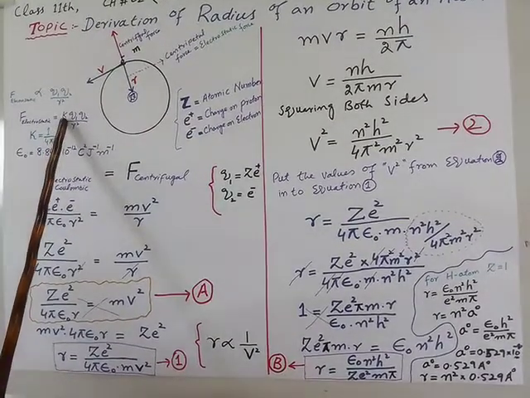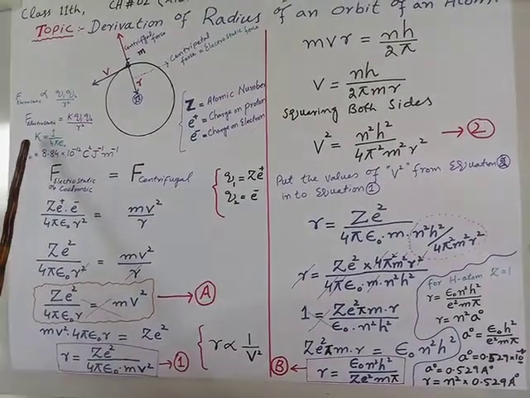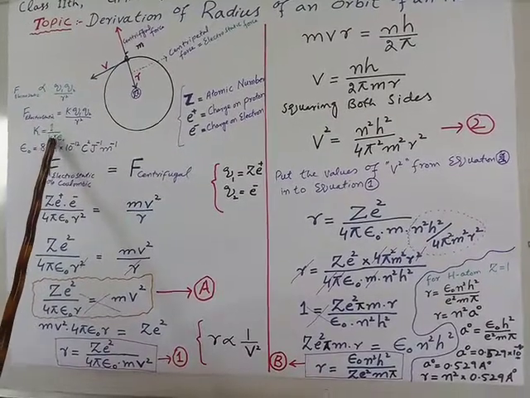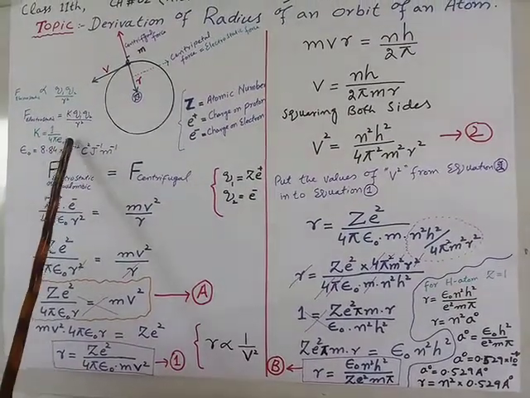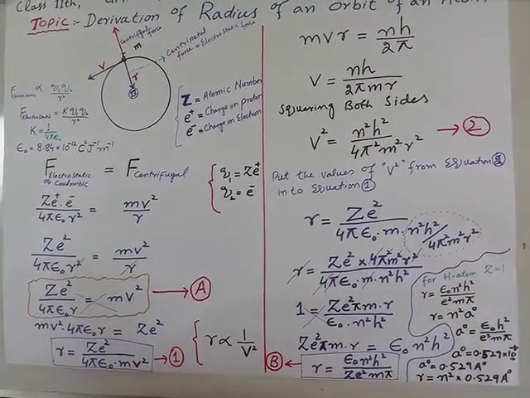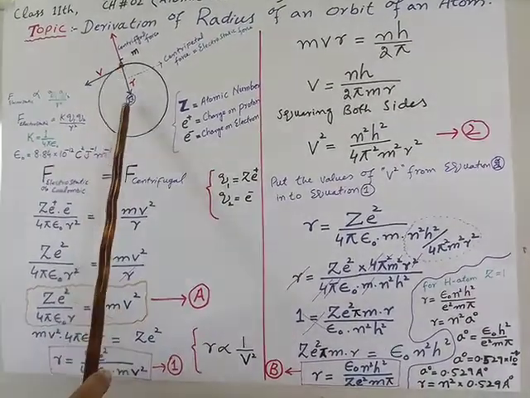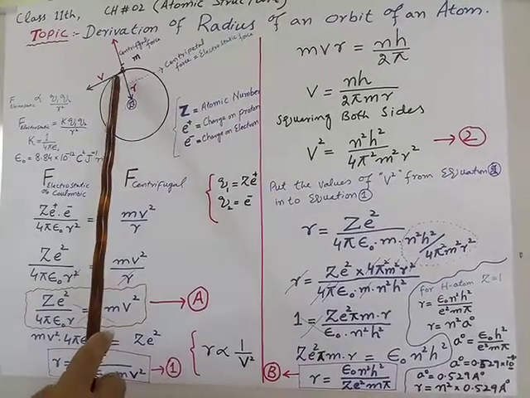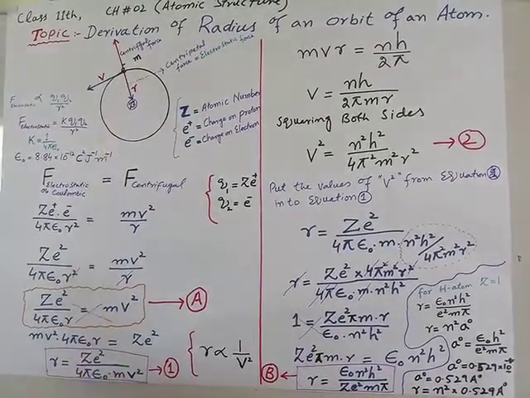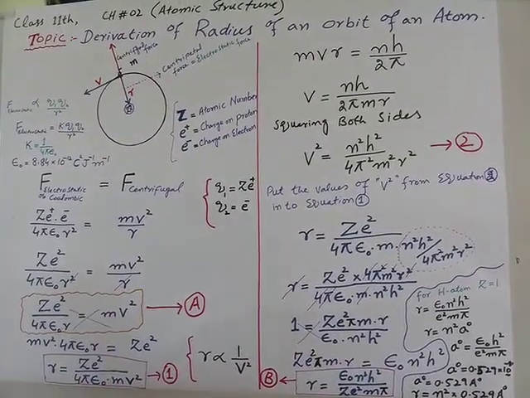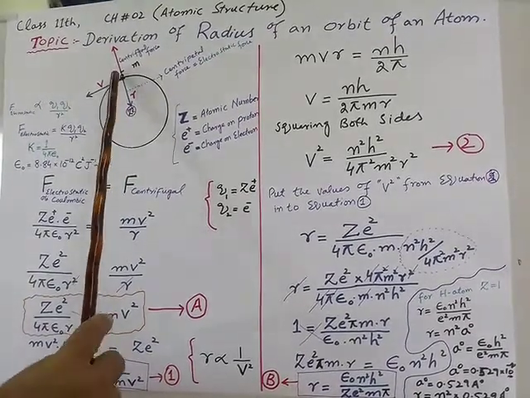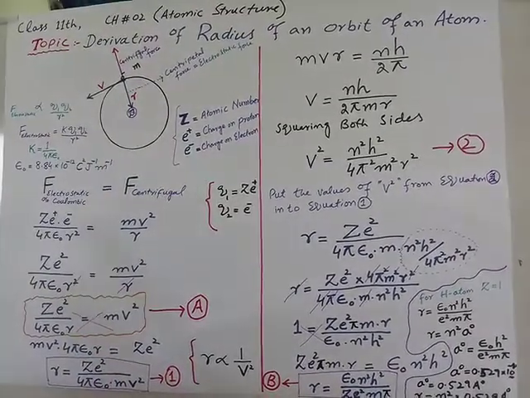K is the proportionality constant, and remember that its value is 1 by 4 pi epsilon naught. Epsilon naught is the permittivity of free space. If two charges are present, the medium in between these two charges determines the magnitude of the force of attraction or repulsion between them.